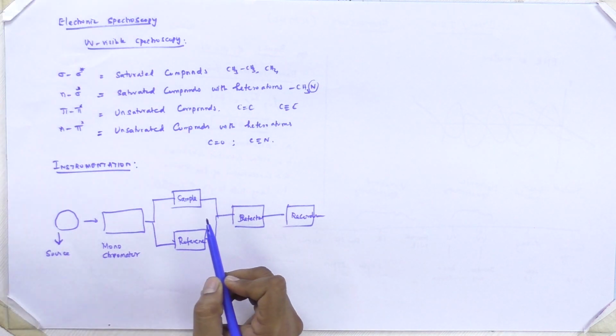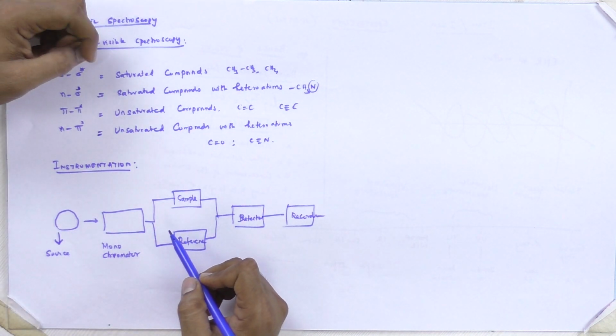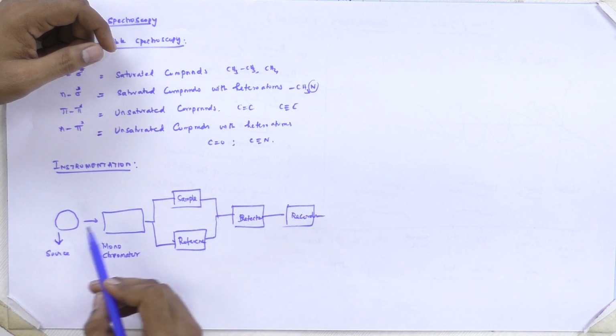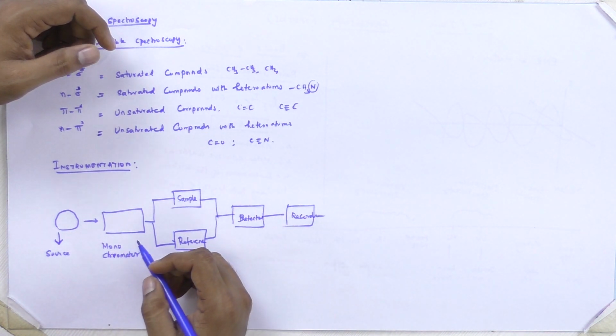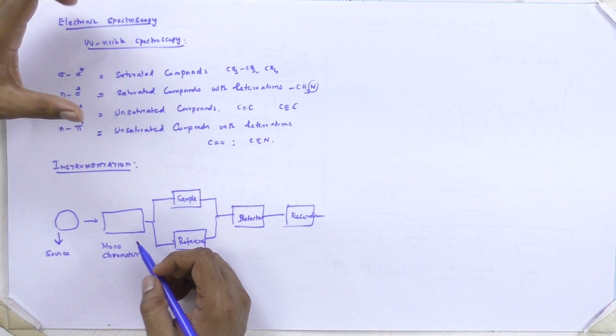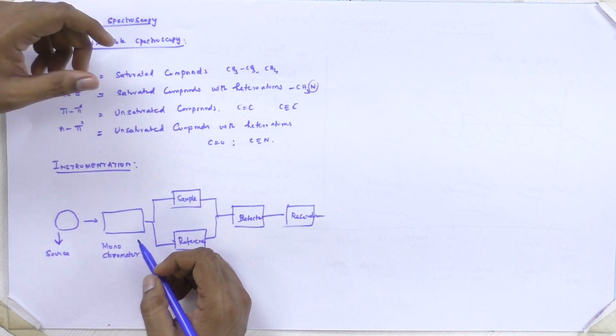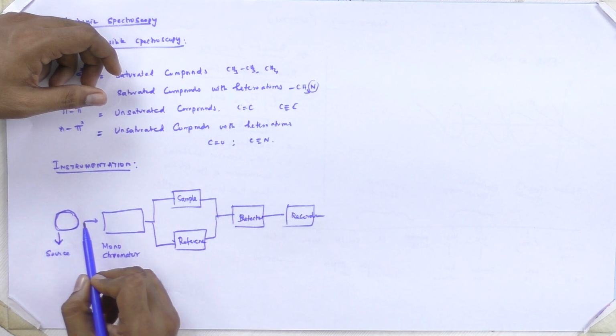These are the 5 important components in a UV visible spectrophotometer. The first one is the source. The source of light is a mercury lamp or any white lamp. White means it comprises a lot of colors.